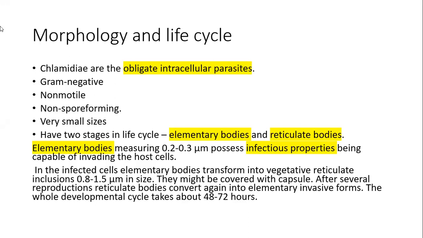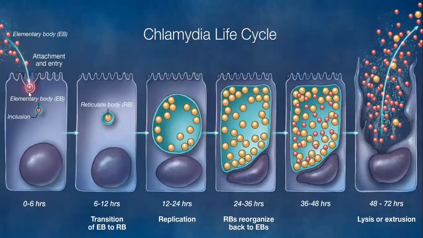After several rounds of reproduction, reticulate bodies convert again into the elementary invasive form. The whole development cycle takes about 48 to 72 hours. Reticulate body's main purpose is to reproduce itself. So look at this slide. The elementary body's purpose is to find the host cell and to infect it.